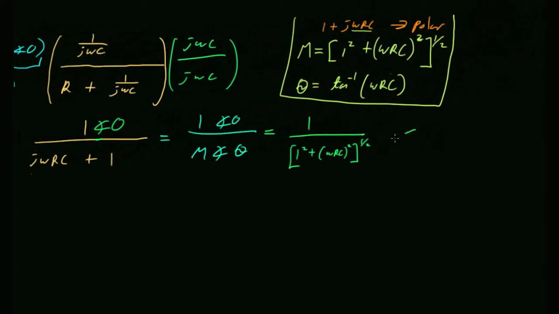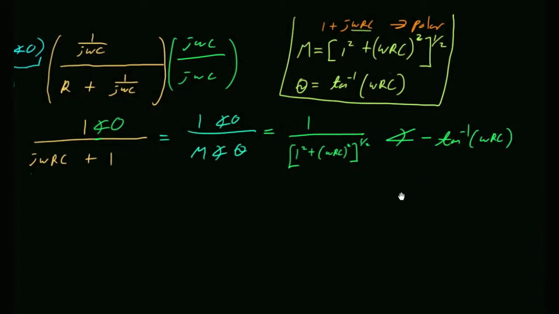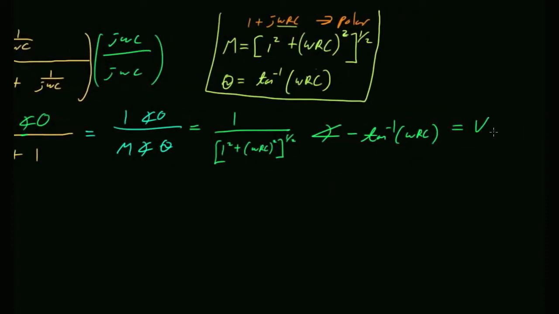Angle. Now I take the difference of the phase angles. That's exactly right. So it's 0 minus theta, where theta is inverse tan of omega RC. Holy mackerel. It ain't pretty, but it is right.